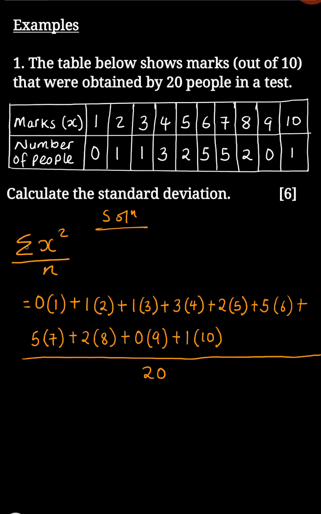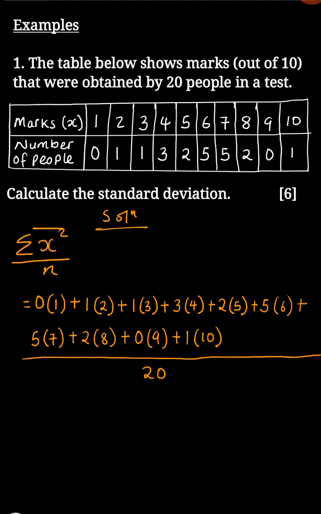Now, how do you calculate what is on top? So, if you want to calculate the numbers on top, what you are going to do is this. Remember that in step number 1, when we were calculating the mean, we got these numbers right here, and then we wrote them like this.